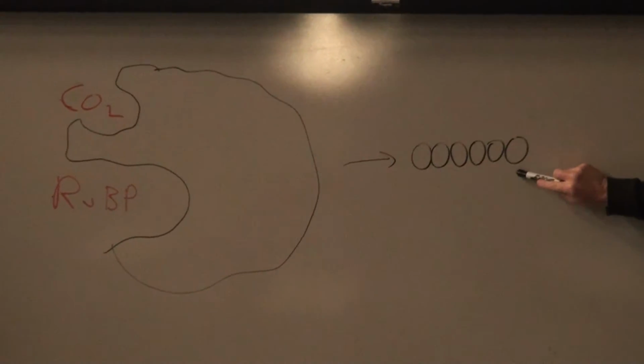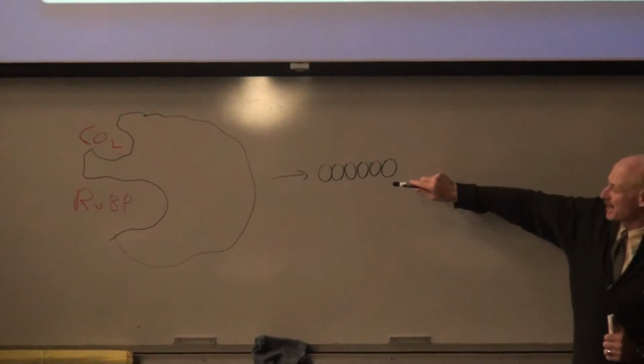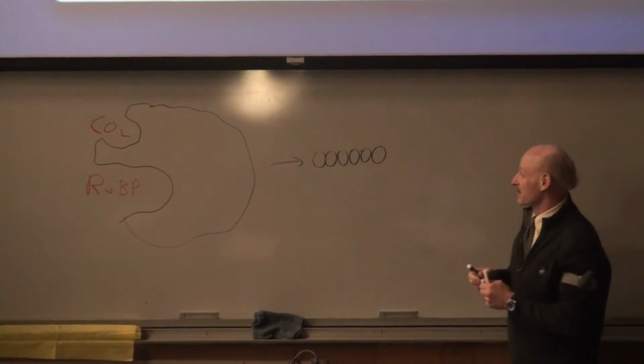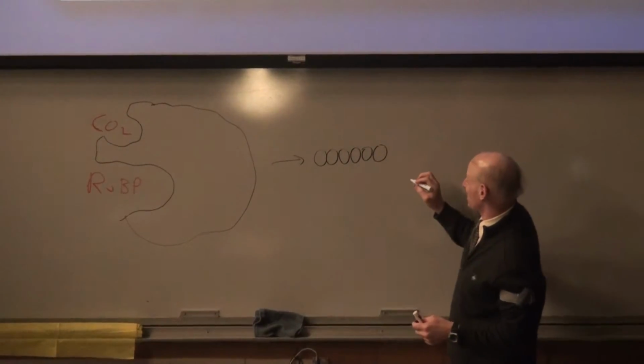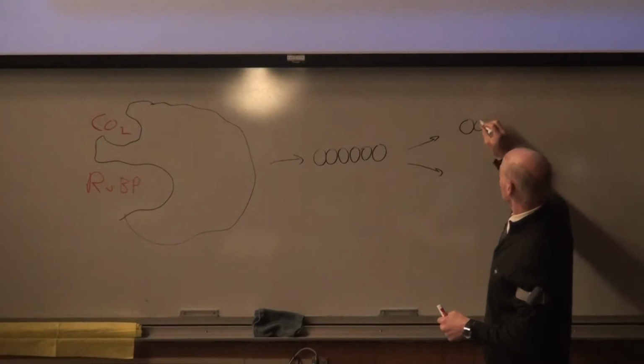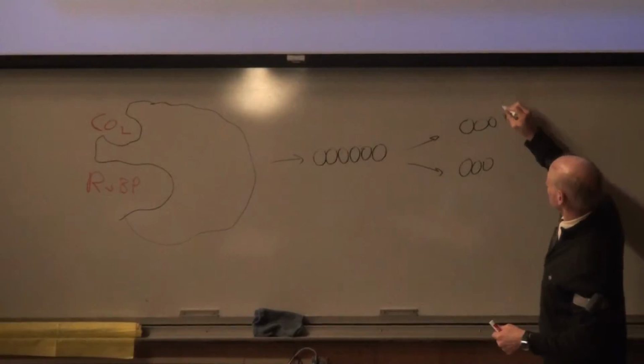But as it turns out, that C6 molecule that's first made by this enzyme is very unstable, meaning it breaks apart very easily. And so almost instantly, it breaks apart into 2 C3 molecules, which are phosphoglyceric acid.